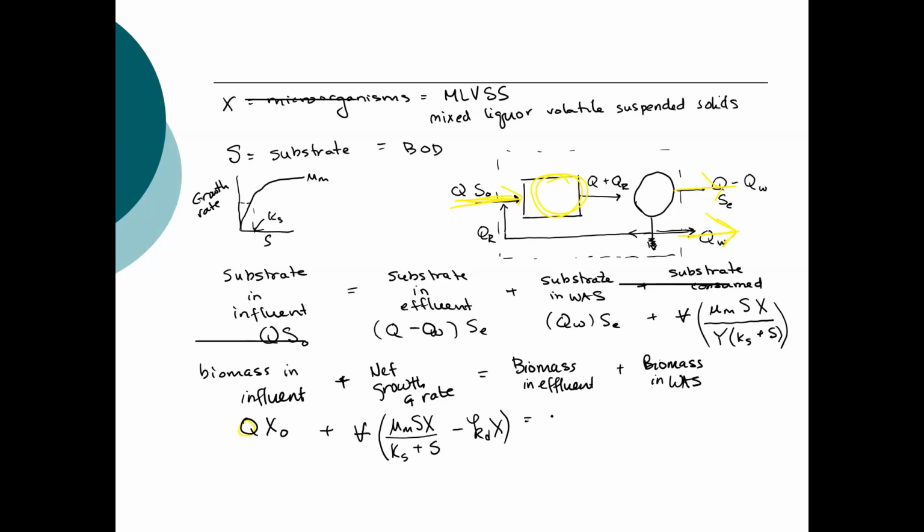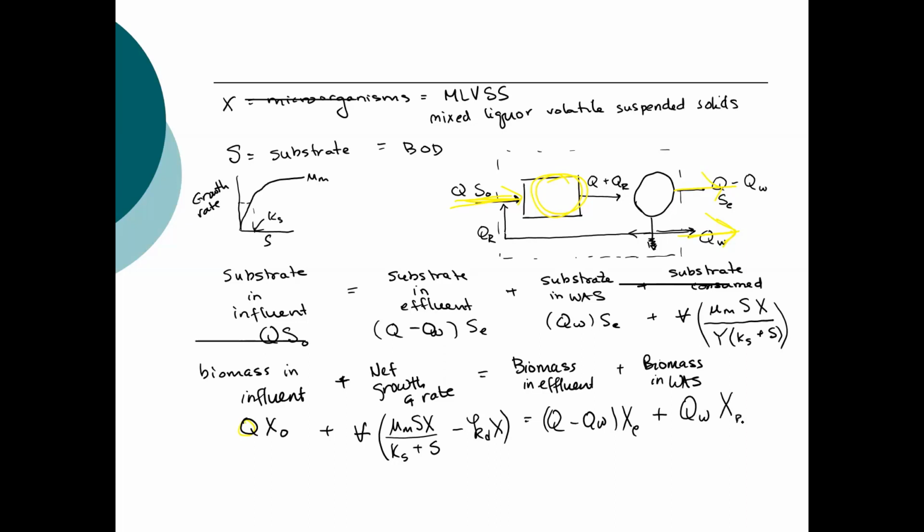And that is equal to Q minus QW times the biomass in the effluent, plus QW times the biomass.